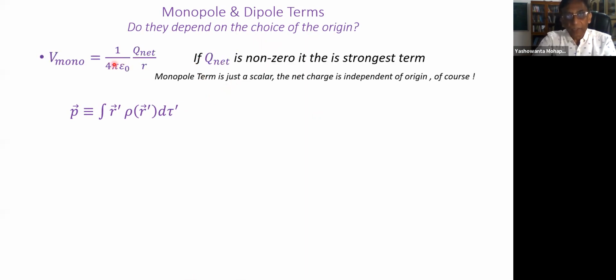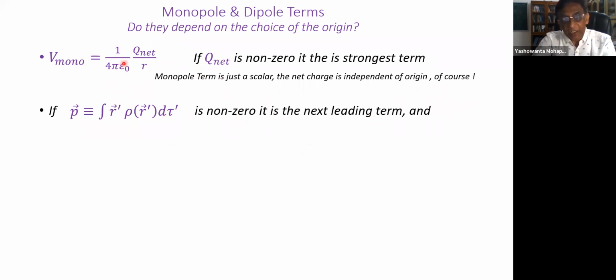If the total Q net is non-zero, this is the strongest term in the expansion, and the net charge is independent of the origin, of course. The next leading term is the dipole, which is p cos alpha by r square, whereas the monopole is 1 by r. So this will be the weaker term, but it could be non-zero.